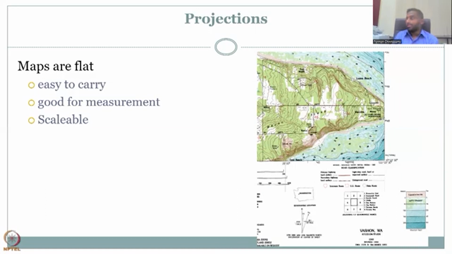Then we have the scalable benefit of the map, because you can zoom in and zoom out. So I'll just say what the scale means in terms of usage is you can zoom in, zoom out. When you have a globe, you cannot zoom into a globe nor zoom out, because it is a ball which can be made for different respects.